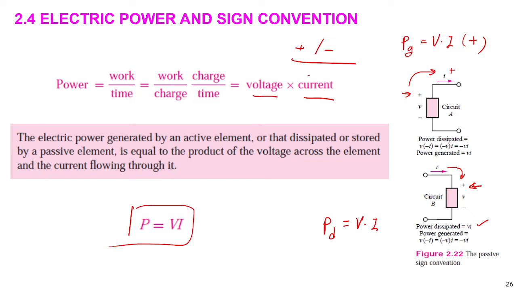If we consider this equipment to dissipate the power and the sign becomes negative, it means it consumes a negative value, and consuming negative value means generating power.